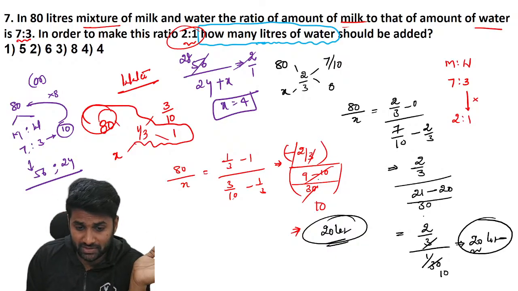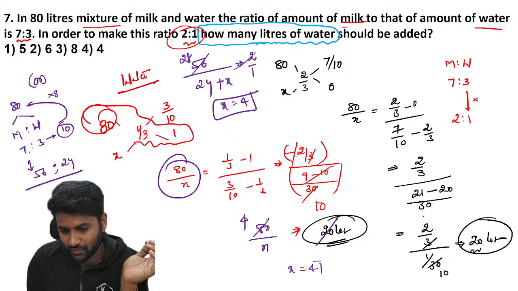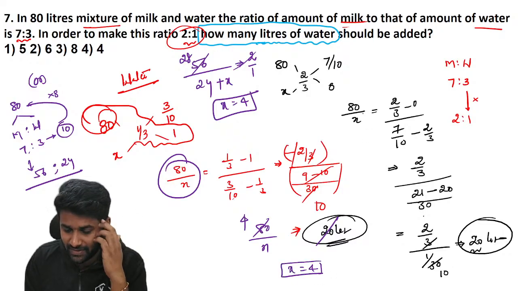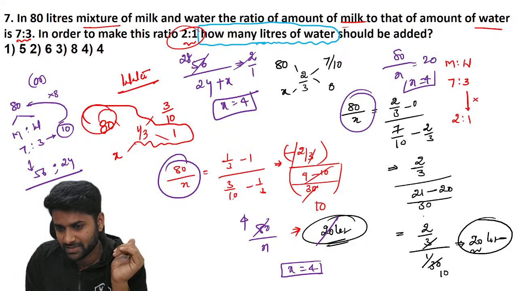Sorry guys, I forgot that x value is fine. Why? Because in this question, we have a denominator value 80 by x. So this is exactly 4 times, then x is equal to 4 liters. Forgot that. Because we have to find the value of x. Then 80 by x is equal to 20 liters. Definitely x value must be 4 liters.